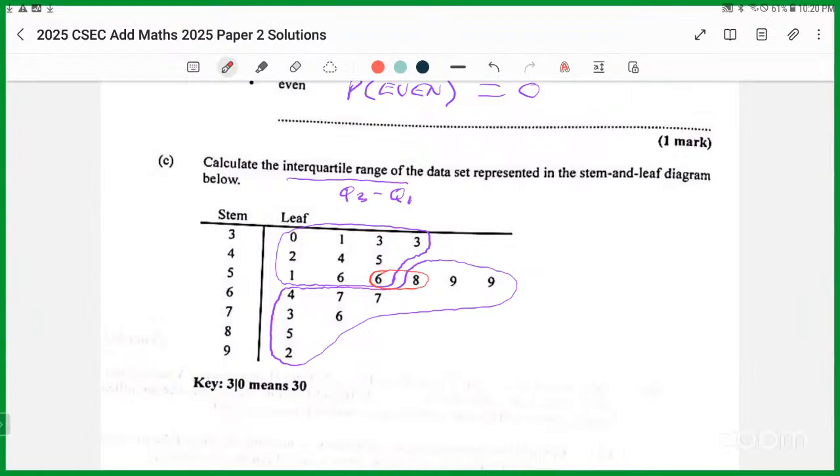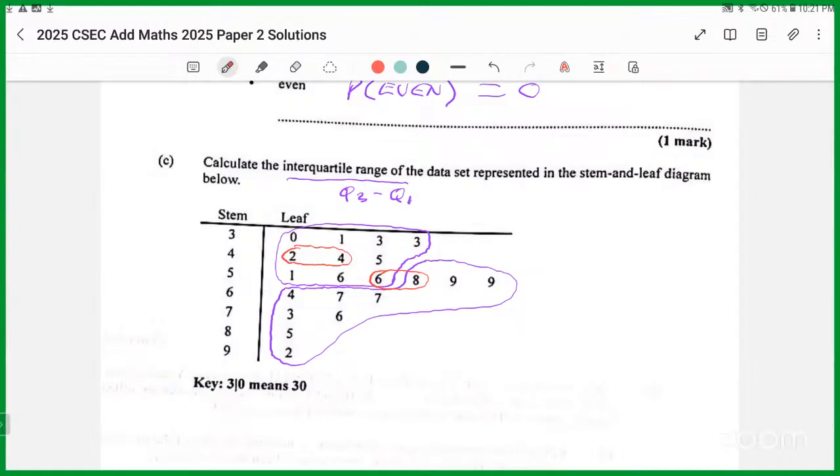Now we want the position of the first quarter. It's the halfway mark of the bottom 10, so it's the two middle values of 10, the fifth and the sixth one. 1, 2, 3, 4, 5.